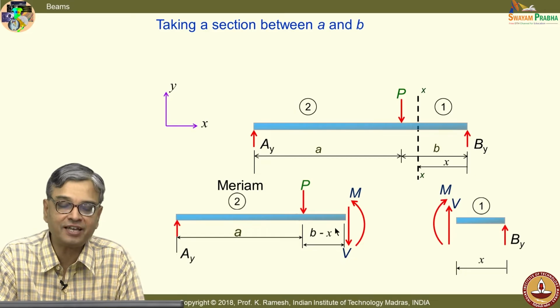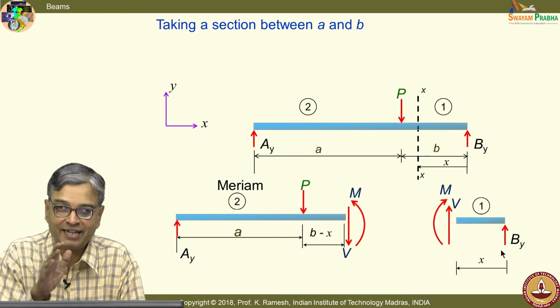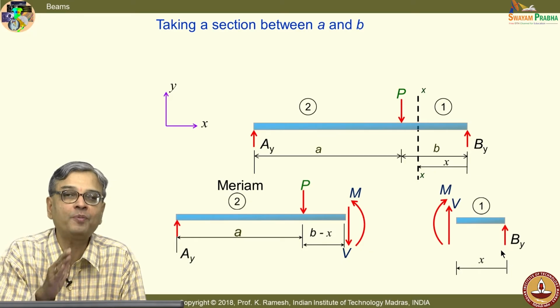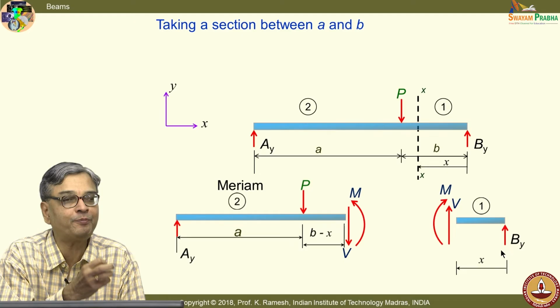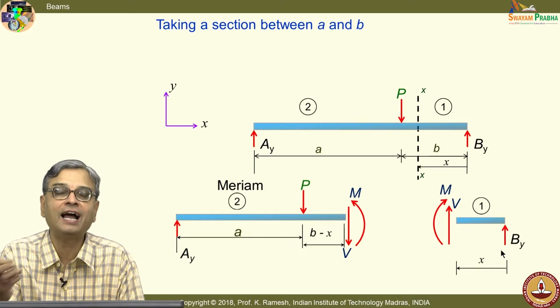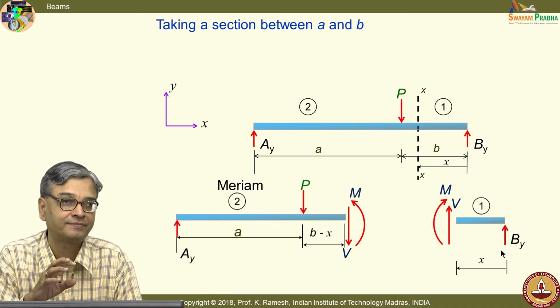And obviously, when I have to find out the forces, if you have these two choices, you would definitely choose this. The idea is, depending on the problem context, I must have the flexibility to analyze the left portion or the right portion at will. That is where the sign convention helps.